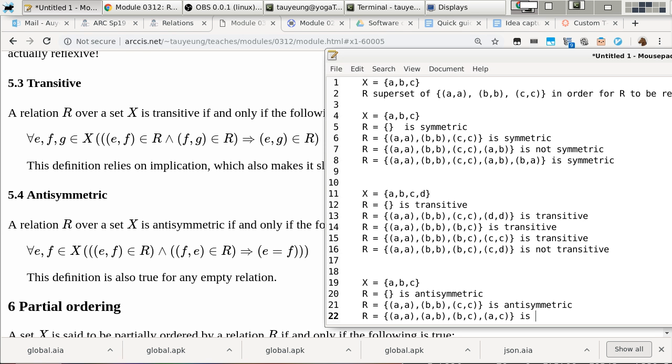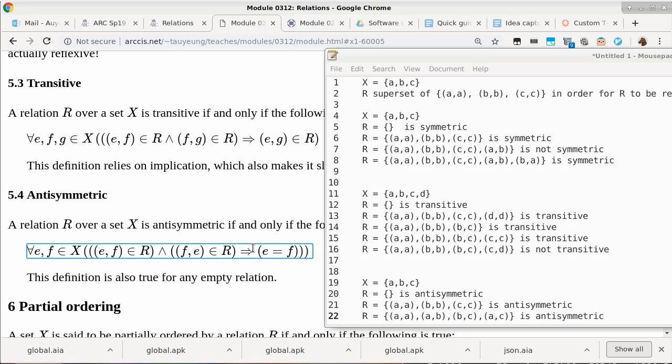CA is also missing. It is not symmetric. It is transitive because AB is there, BC is there, and then AC is also there. So it is transitive. But the question is, is it anti-symmetric? It is anti-symmetric, because you cannot make that condition false. Is that okay?